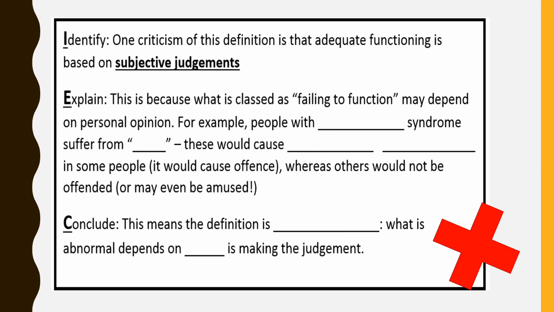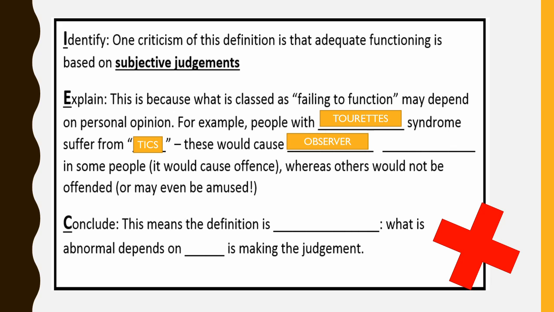So one criticism of this definition is that failing to function adequately is based on subjective judgments, as I've just said. This is because what is classed as failure to function may depend on personal opinion. So we've got an example for you here, which is Tourette's syndrome. People with Tourette's syndrome suffer from what we call tics.